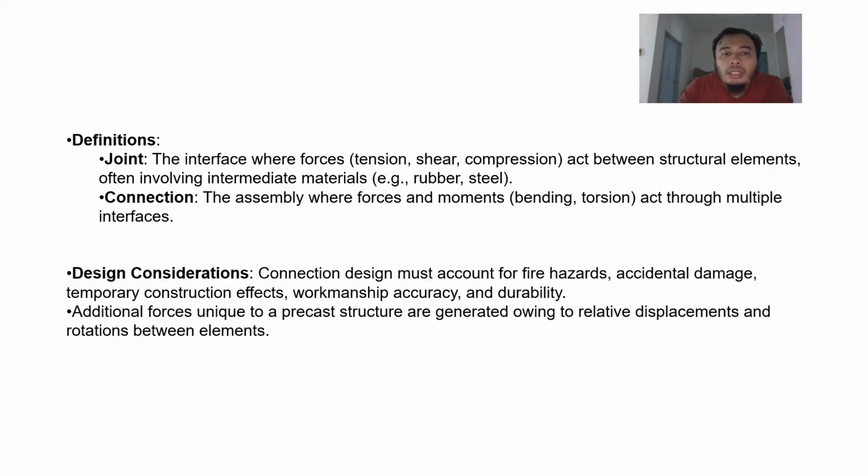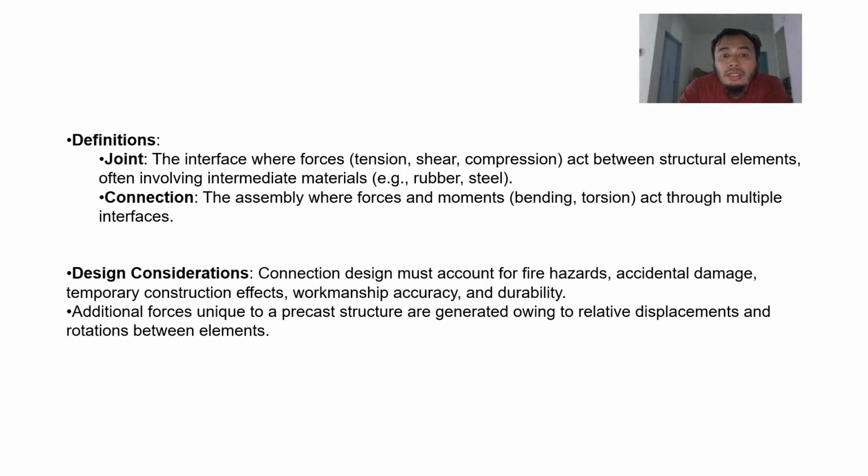But the connection is the assembly where forces and moments act through multiple interfaces. So that is the difference between joints and connection. The joint is the interface, the connection is the item itself. Joint is the interface.